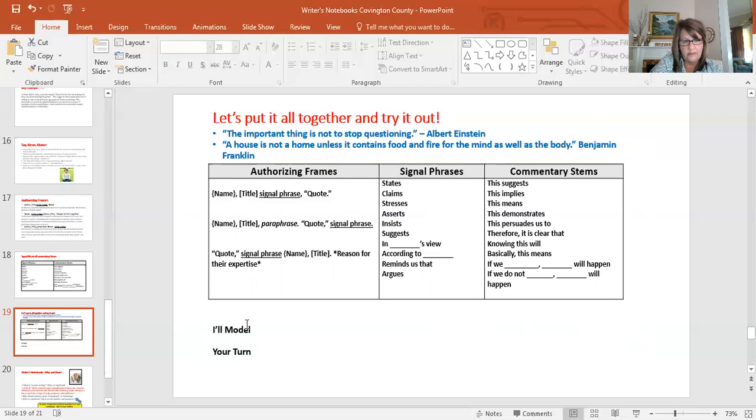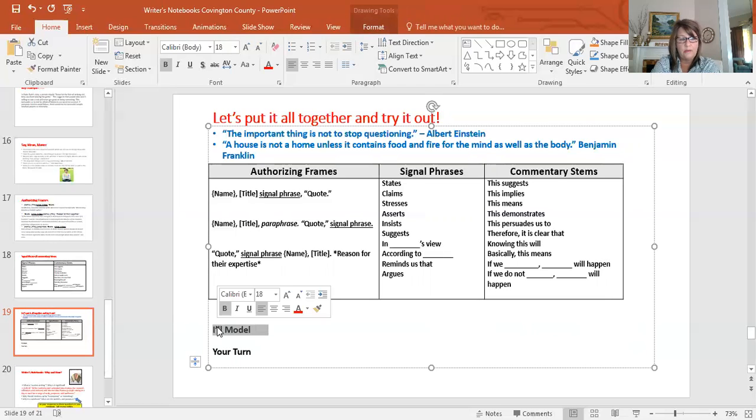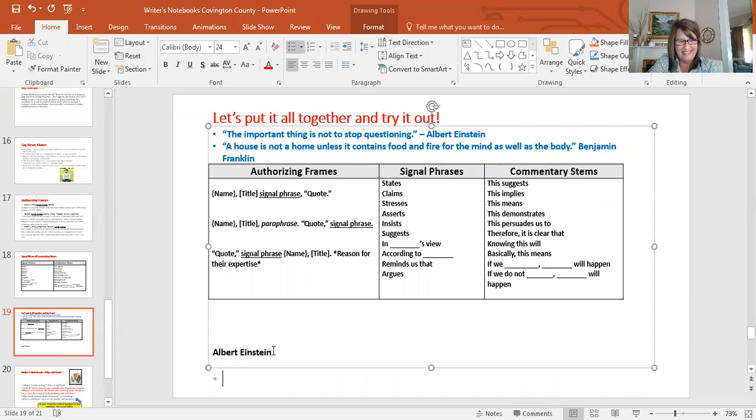I'll just go with this one. It's simple. So Albert Einstein, get this out of the way. You will get your turn. Albert Einstein, famous physicist.